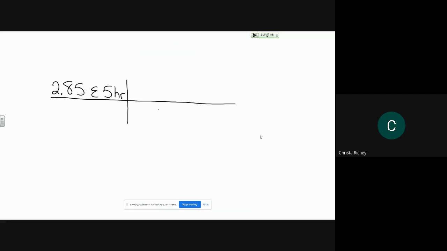Years. So going bigger in time. What's bigger than the hour? All of your conversion factors are here. Days. Going bigger, what's bigger than the day? Can you get to year? Can you get to years from days? Look at the other side.